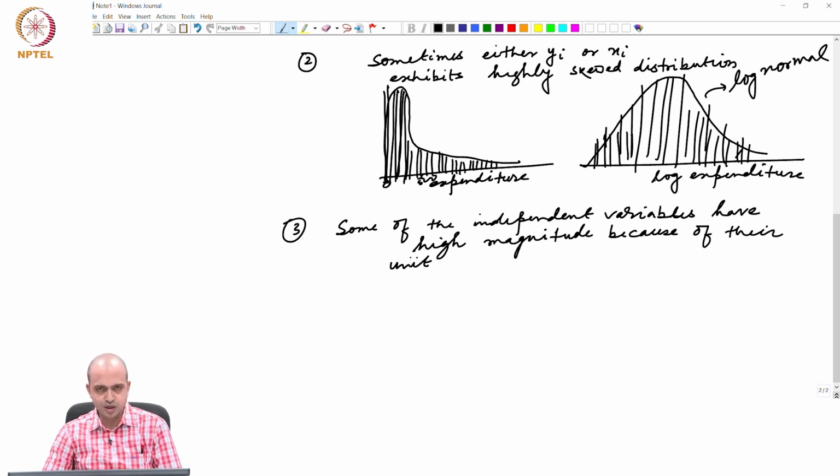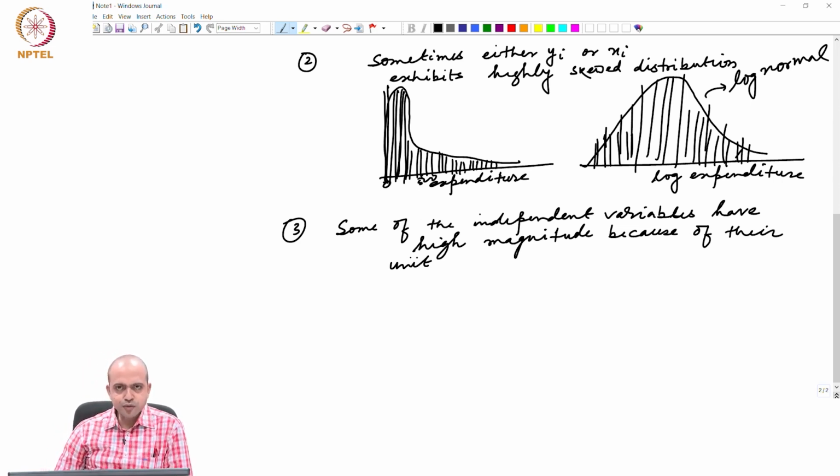So, you can transform variables like income and expenditure into log, so that you get parity in terms of the magnitude of all the explanatory variables in the model. These are some reasons for this logarithmic transformation.